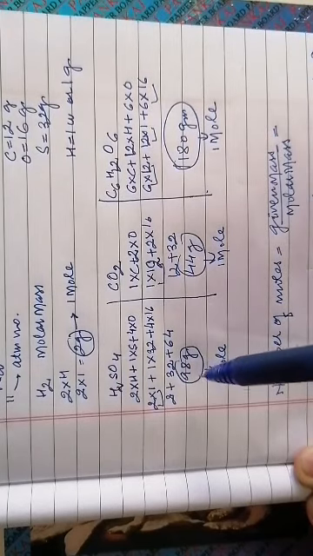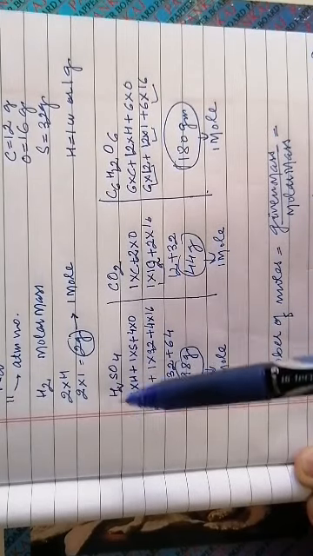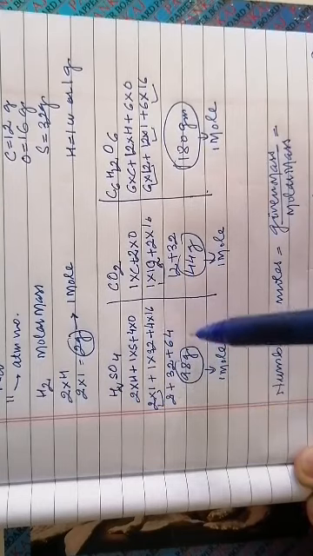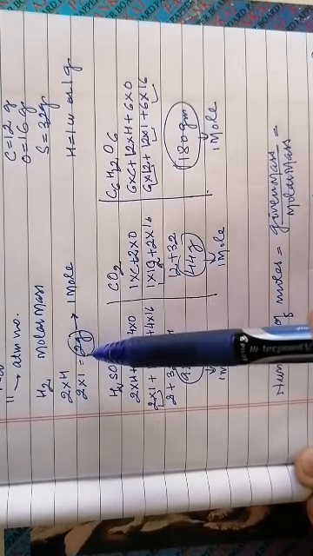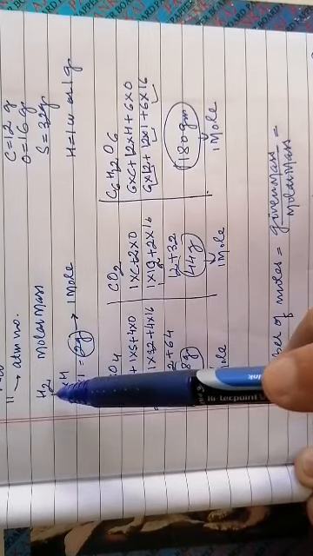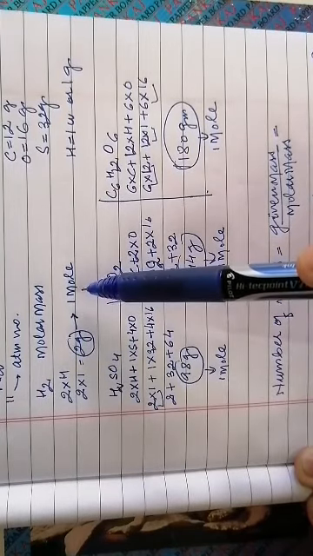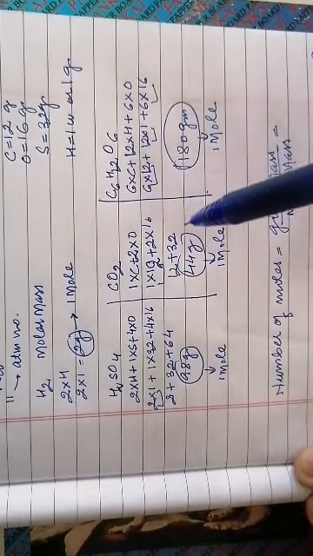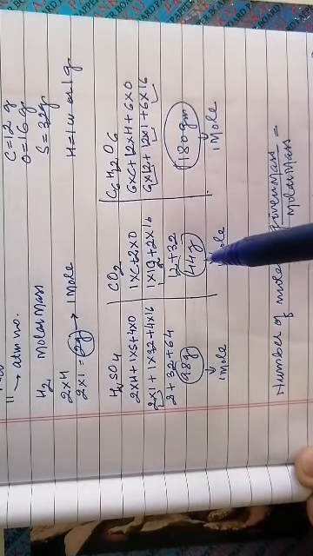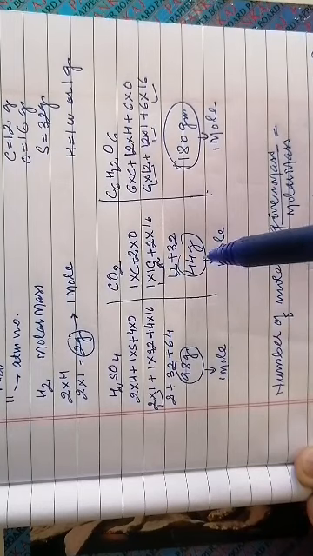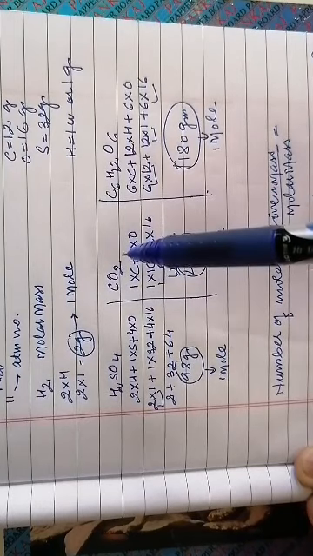Suppose I have 98 gram of H2SO4. The 98 gram of H2SO4 will make 1 mole. Here only 2 grams of hydrogen molecule will make 1 mole. 1 mole of carbon dioxide, 44 grams. When I have 44 grams, then I have 1 mole of carbon dioxide.